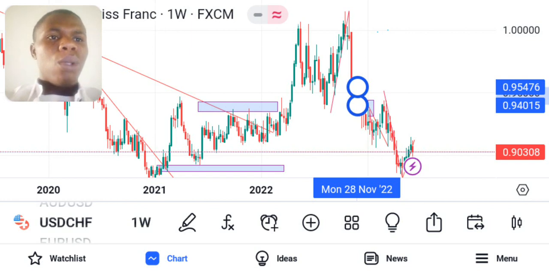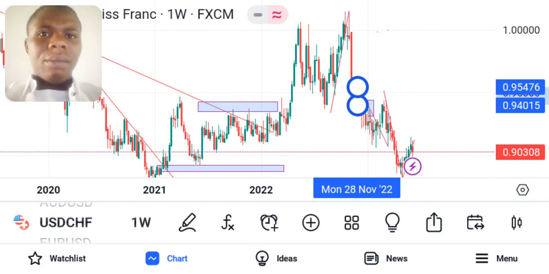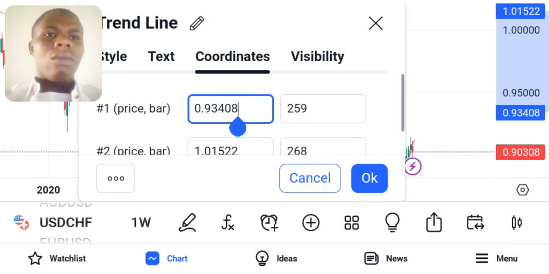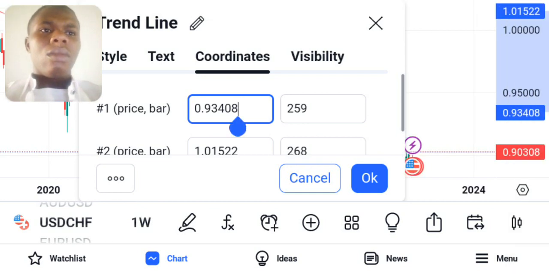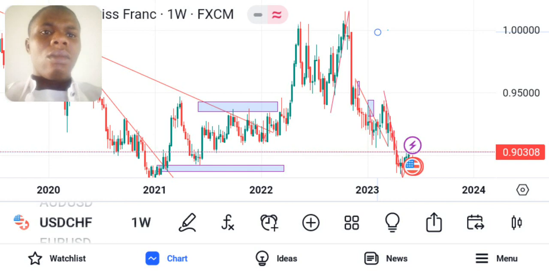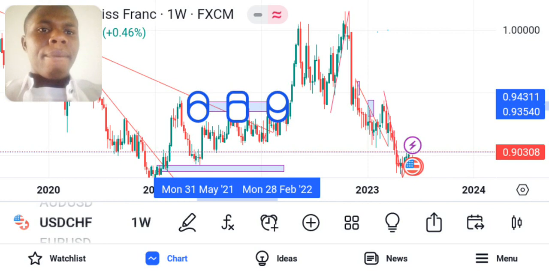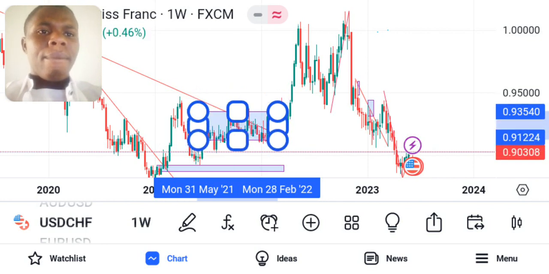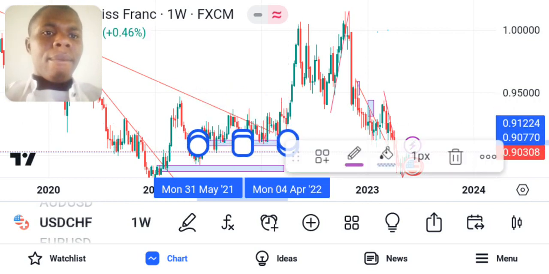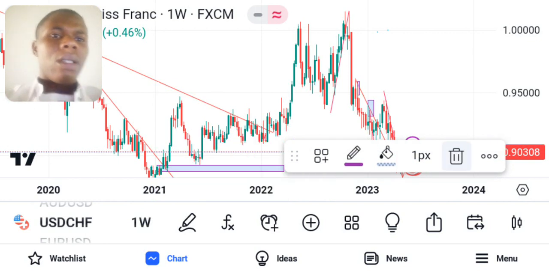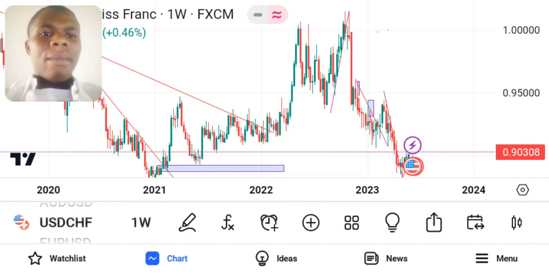I want to point out something to us. Okay, now I see something like a retracement on the trend line move here.